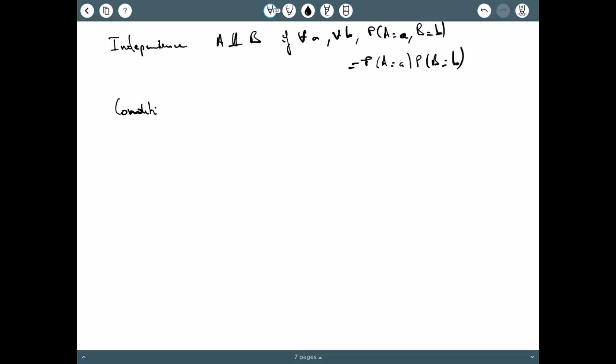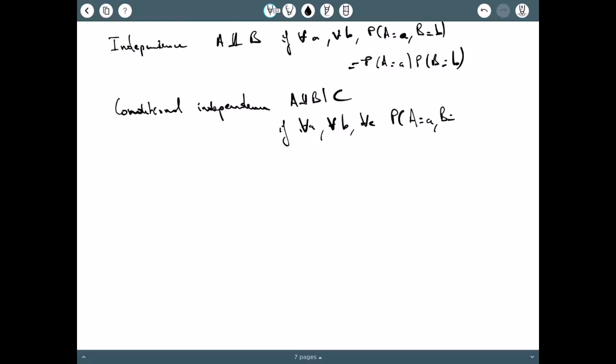We also have conditional independence, and here we'll say that A is independent from B conditionally to C if for all a, for all b, and also for all the values that C can take, we have the same property, only now the probability distribution we consider is the conditional.